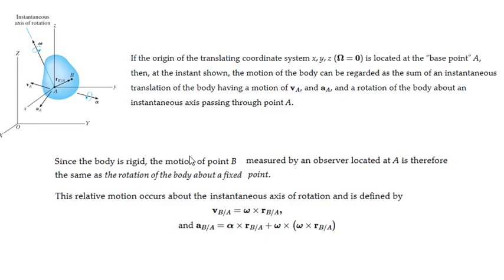Now, since we study the movement of the body in rotation and translation by picking a point, we call that point a base point. Just a point that you pick in the body. And of course, you're dealing with 3 dimensions, so x, y, z.